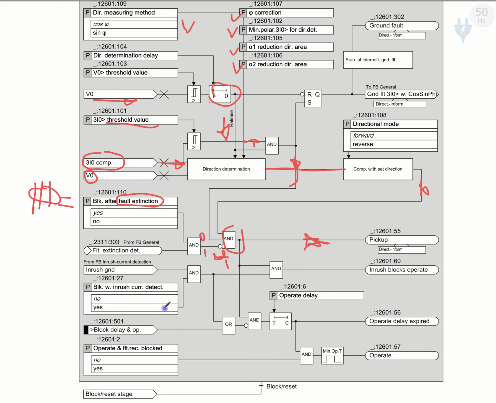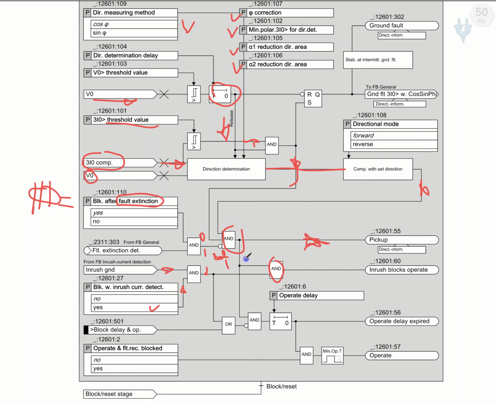If it is detected that there is an inrush current, an inrush ground, and we select that it should be blocked if there is inrush, we select yes in the function groups. Then inrush ground is detected, and the output of this AND block becomes 1.